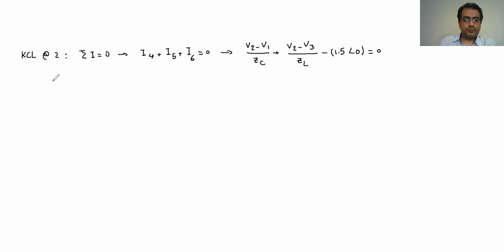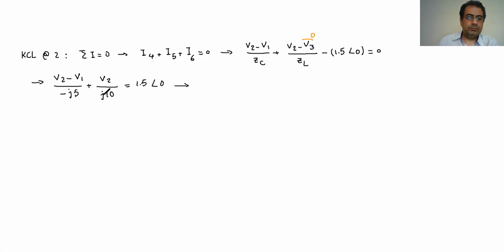Now I'm going to replace these. V2 minus V1 with ZC, which is negative J5, plus V2 divided by ZL, which is J10, because V3 is 0. I take the other term to the other side, so it's 1.5 with angle of 0.